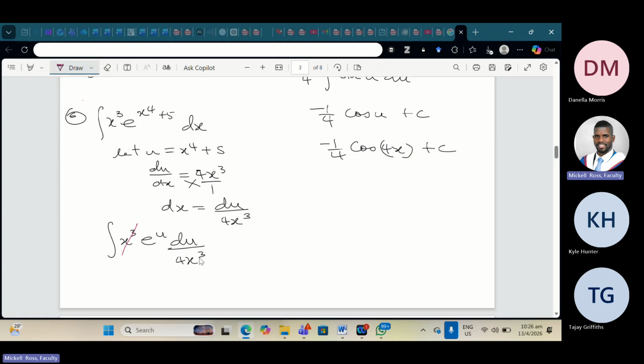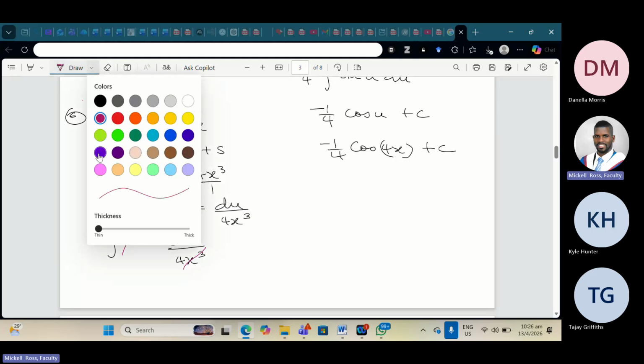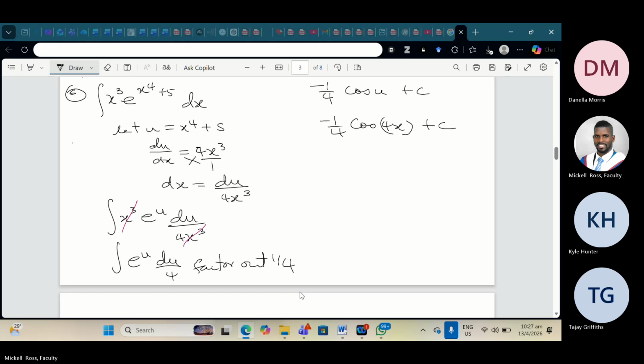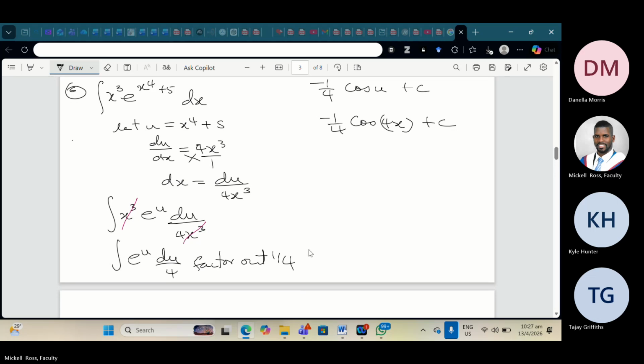This x cubed is in the numerator, this x cubed is in the denominator, so we can cancel. So what we're going to end up with is the integral of e to the u du over 4. I'm going to factor out a quarter. So we get a quarter the integral of e to the u du.